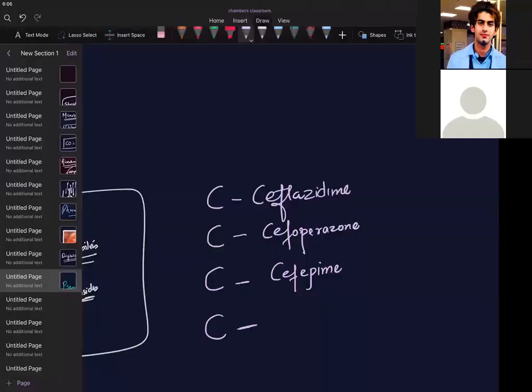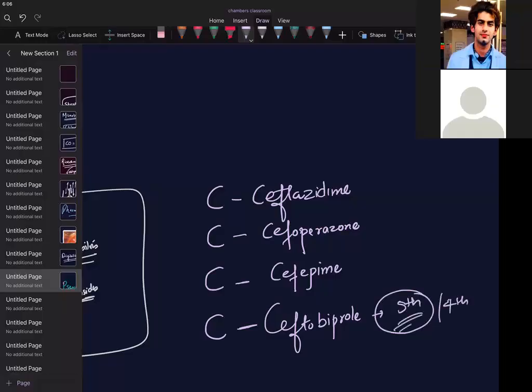So we have ceftaroline, ceftobiprole. Ceftobiprole, you can remember. Which generation is this, fifth or fourth, guys? Thanks to God you remember this. So fifth generation ceftobiprole is mostly effective against MRSA and Pseudomonas. I hope you remember that.